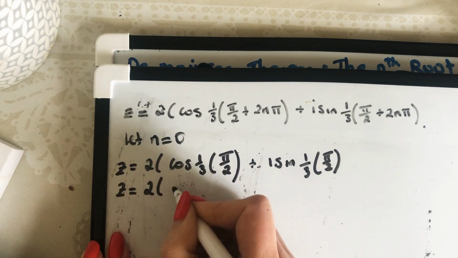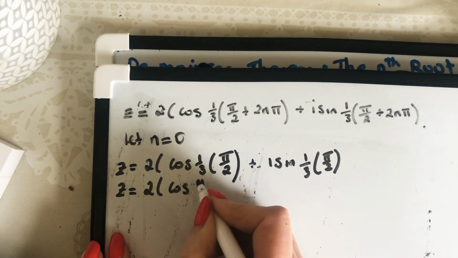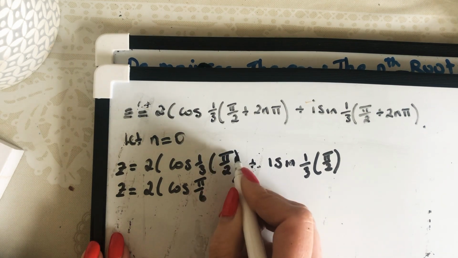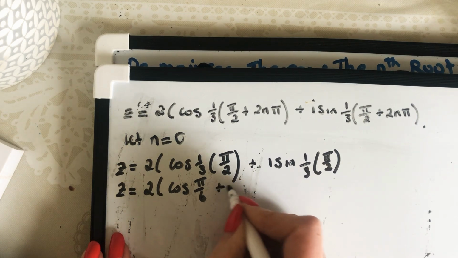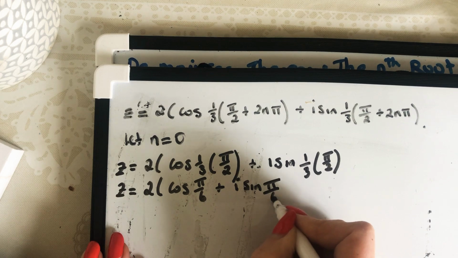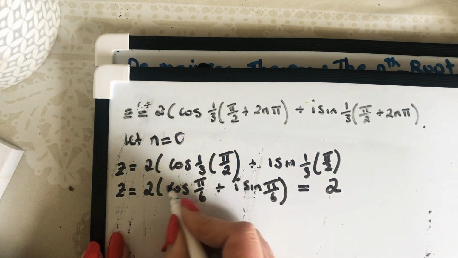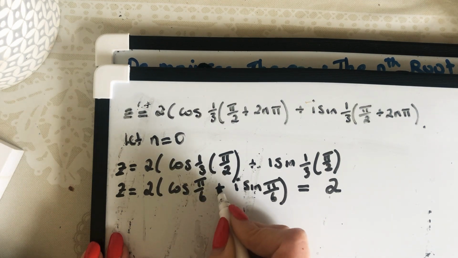So in our calculator, we're going to type in pi over 6 because we multiply top by top, bottom by bottom. So let's leave the 2 alone here and let's type into the calculator cos pi over 6.